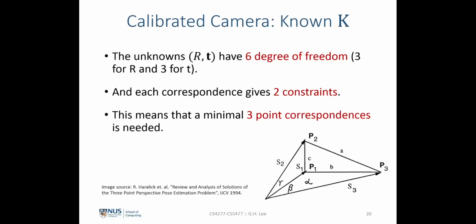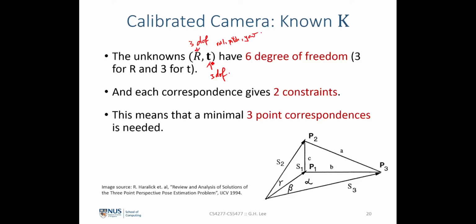Now, we know that the unknown rigid transformation between the two frames is parameterized by a rotation, which has 3 degrees of freedom, and a translation, which also has 3 degrees of freedom. Looking at rotation, the minimal representation is the Euler angles, the roll, pitch, and yaw angles. Hence, there are 3 degrees of freedom.